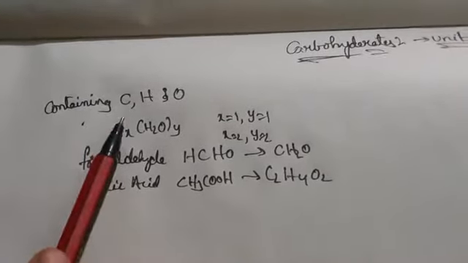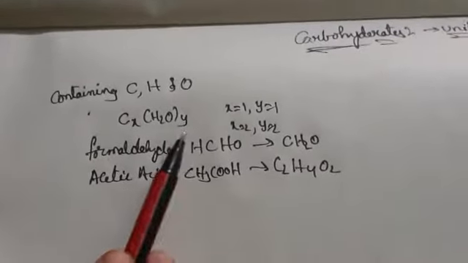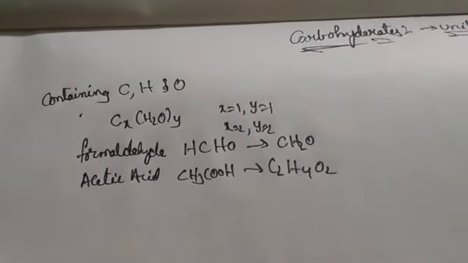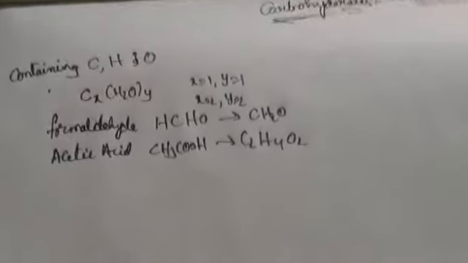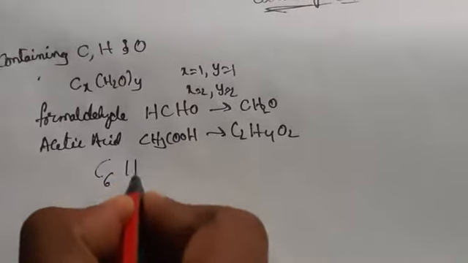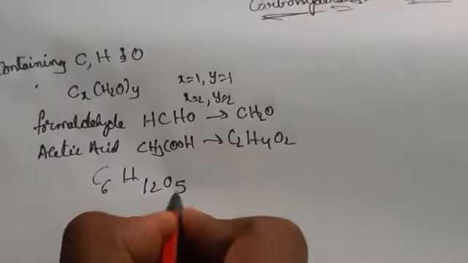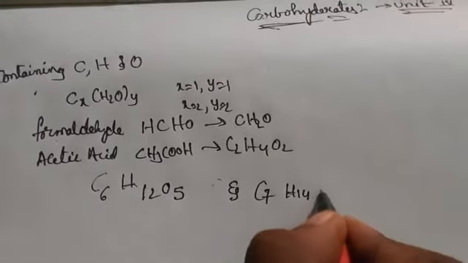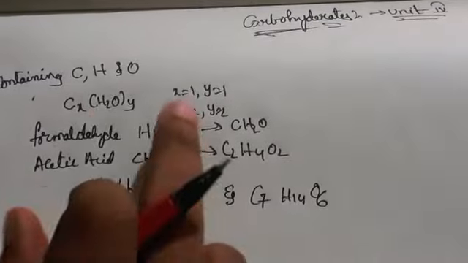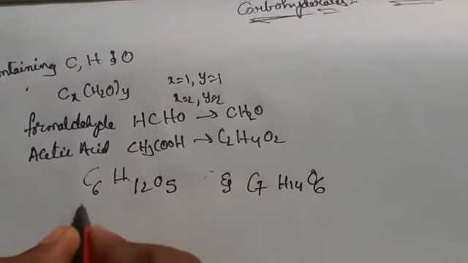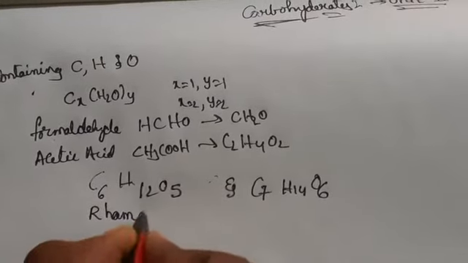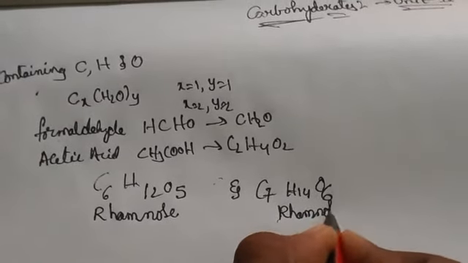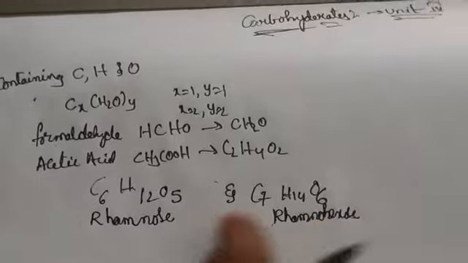So if you are taking CxH2Oy, for example, if I take C6H12O5 and C7H14O6, these two molecules, one is named rhamnose and the other rhamnohexose.